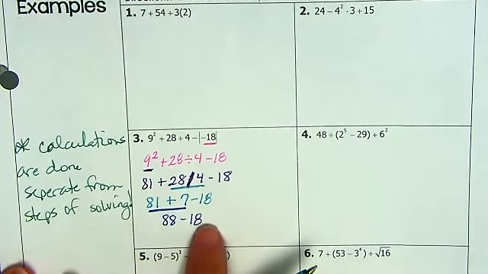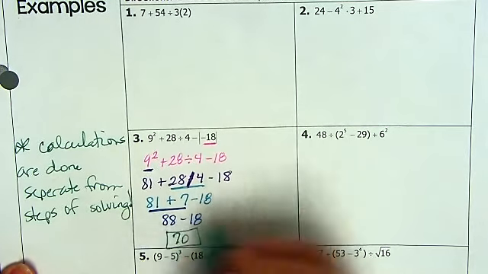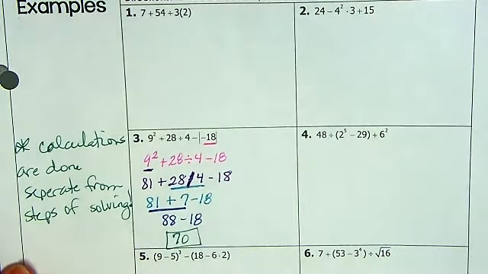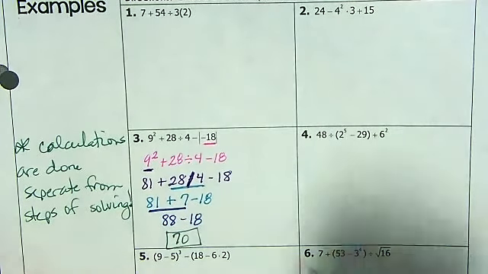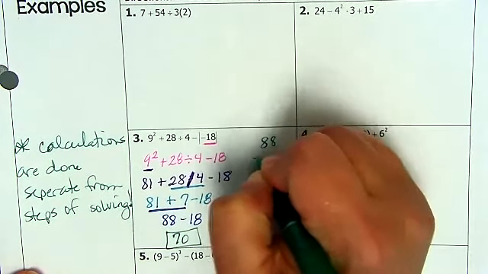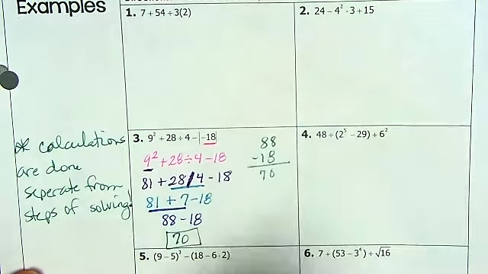We make almost like an inverted triangle here, and we get our final answer of 70. This is the steps for solving. My calculations are done somewhere else. They might be done over here. Like if I've got to do that 88 minus 18, I'm doing that subtraction over here. All right, next problem.